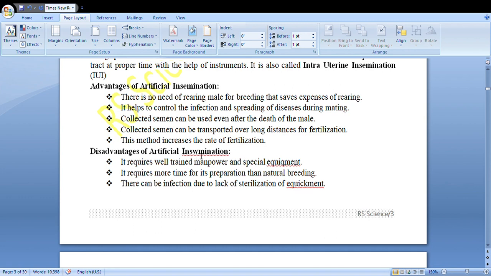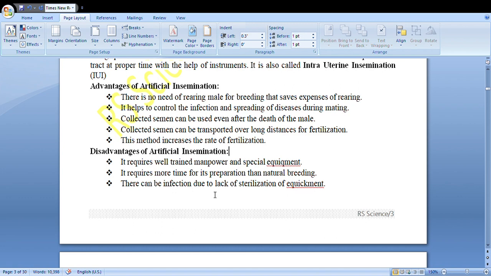Disadvantages of artificial insemination. It requires well-trained manpower and special equipment. It requires more time for its preparation than natural breeding.